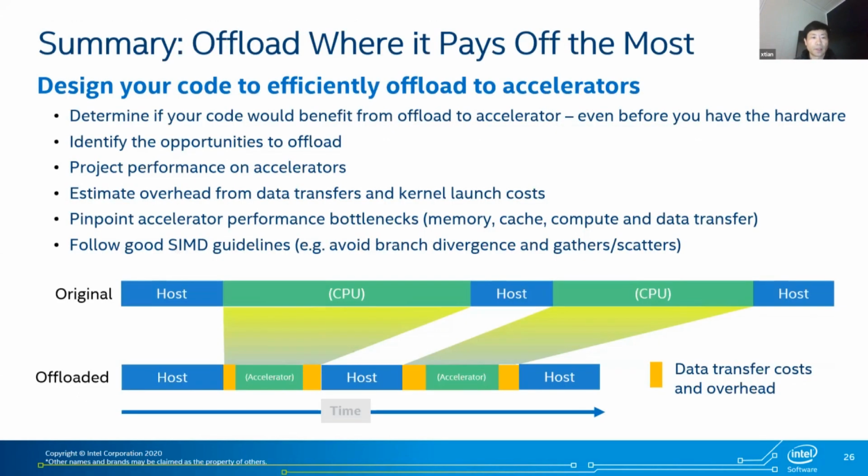Okay. The key message is to make sure users understand there is no free lunch in any parallel programming and heterogeneous computing, right? You really need to understand which part of the code will pay off the most if you do offloading or use heterogeneous computing. Also, a lot of the optimization and tuning tips are really similar to the practice you have on the CPU or other GPU devices.